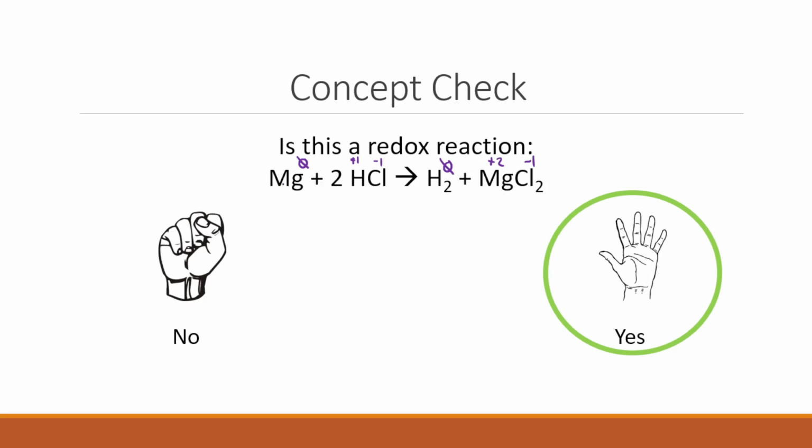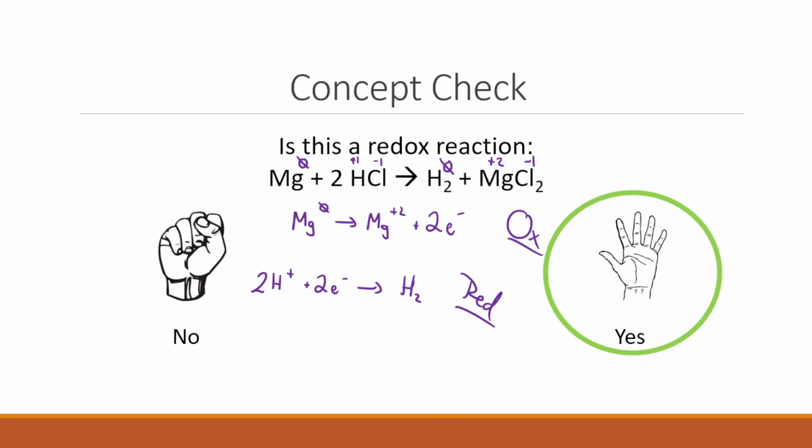To take a closer look, in this case, the magnesium is oxidized, going from 0 to a +2, losing 2 electrons. And in this case, the 2 H pluses are reduced to become H2. Oxidized, reduced. All right, that is our redox.